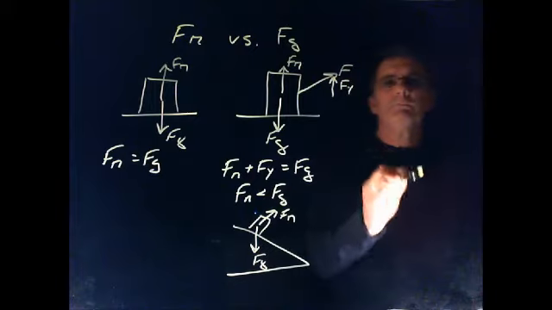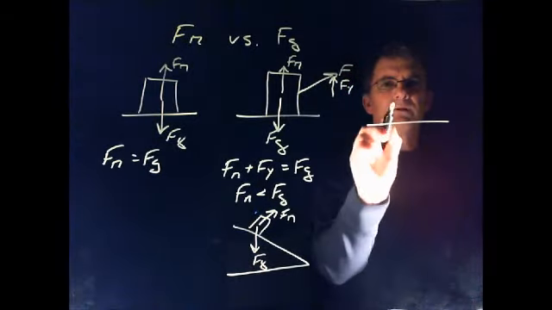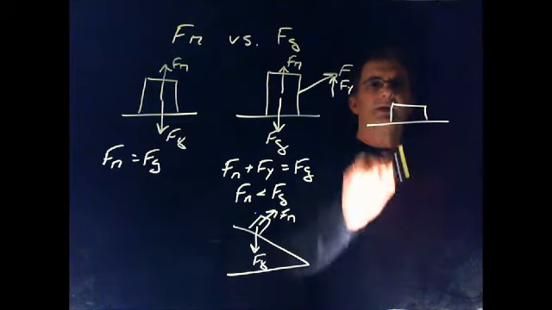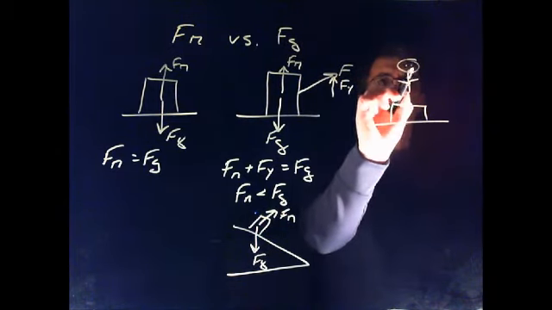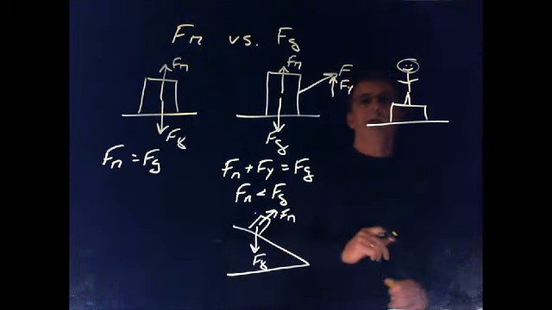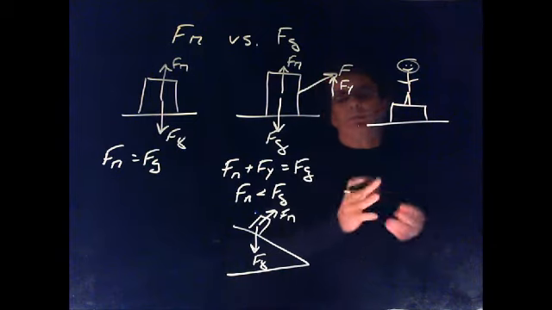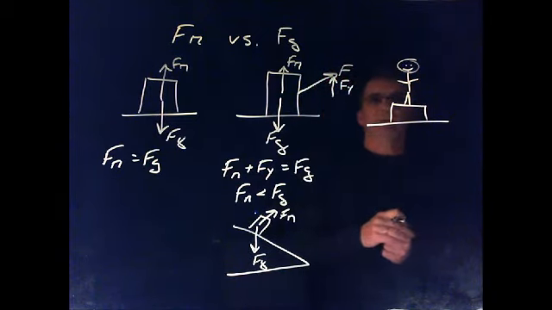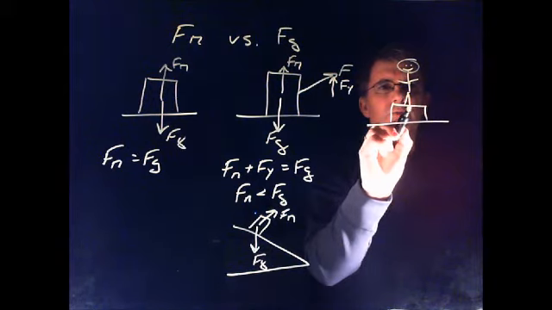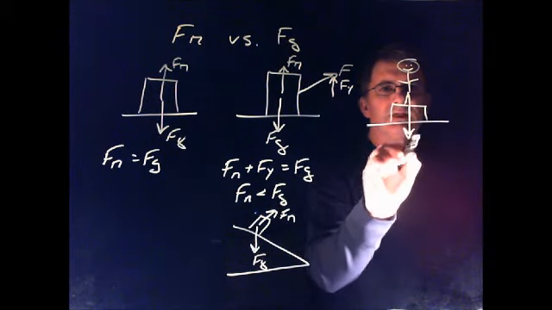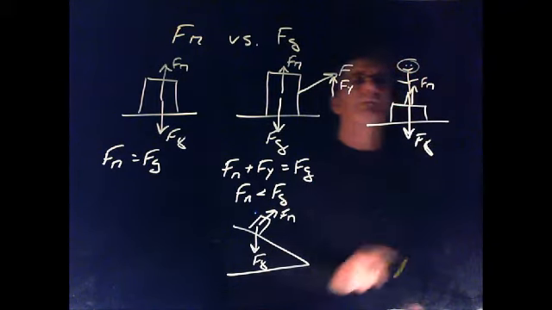Or, and I do this with the kids, I get a bathroom scale and I set it out and I have somebody stand on it and they read their weight, basically what the bathroom scale is reading. So if we look at the forces on the scale, we've got gravity going down, we've got the normal force pushing you up.